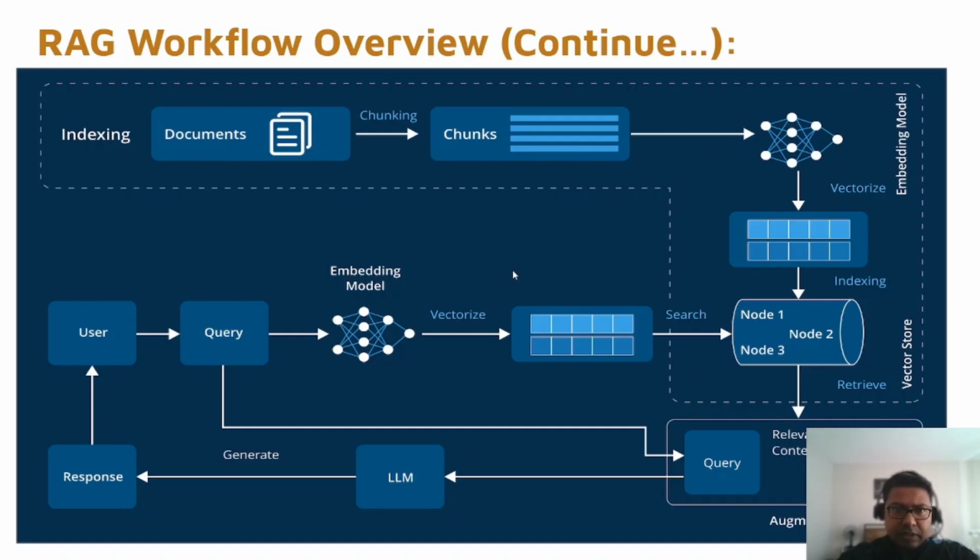The next process is when the user is querying about something. Say the user asks the chat model what the per night cost of the hotel is. The user has asked the query, and this query also goes through an embedding model so that it can be converted into a vector, right?